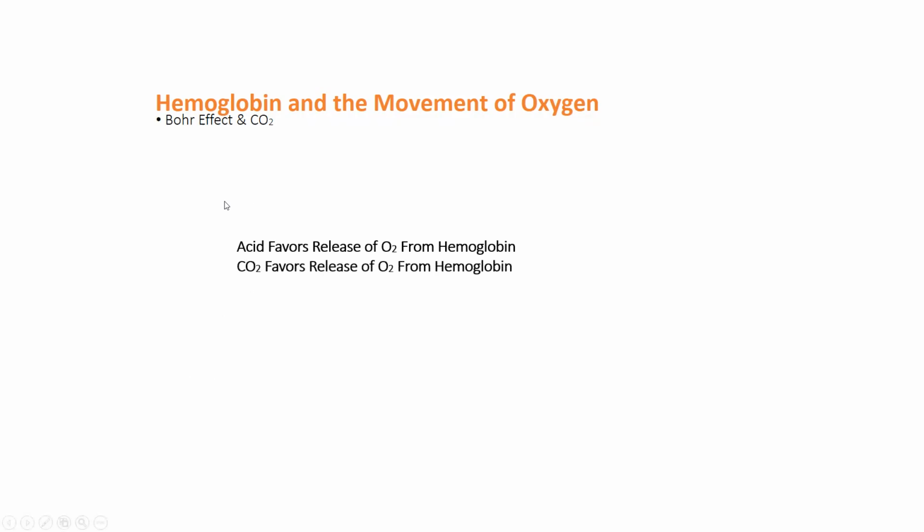Carbon dioxide works the same way as the acid, because remember, carbon dioxide is carried in the blood in the form of carbonic acid. So carbon dioxide is a form of acid too. That's why when you have acidosis, you'll start hyperventilating, so your respiratory system can throw away more carbon dioxide and decrease the acidity. So it favors the release of oxygen from hemoglobin.